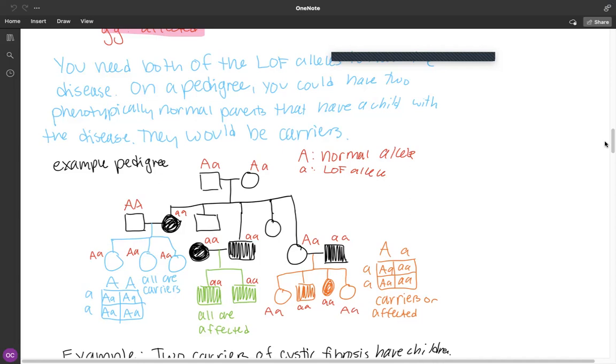Here on this example pedigree, I've written in the genotypes, but you would have to figure these out on your own. So of course you need to figure out the pattern of inheritance.